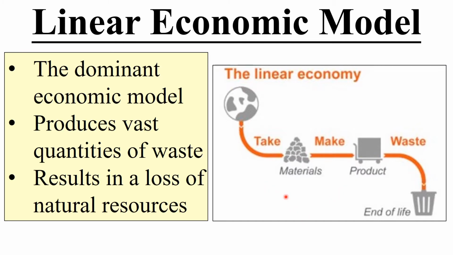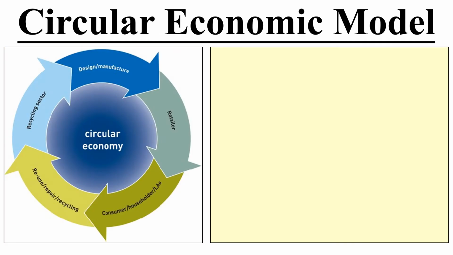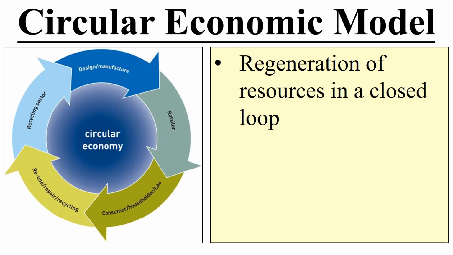So basically this is still the dominant economic model, and as a result of that, you produce vast quantities of waste. There's not the emphasis on recycling or reusing, and you will lose natural resources as a result of that. Whereas with the circular one, the intention is that the resources are regenerated and it's in a closed loop.